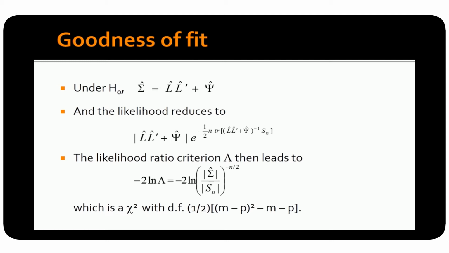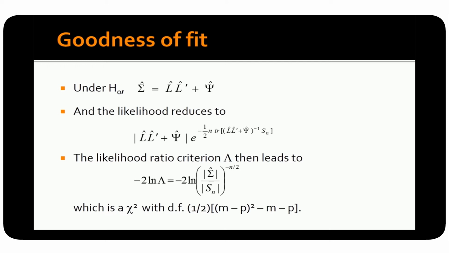And what we find is that minus twice log of the maximum likelihood under H naught by the maximum likelihood is equal to minus 2 log of determinant sigma hat by determinant Sn to the power of minus n by 2, and this would be a chi-square with degrees of freedom given by half of m into m plus 1 minus m into p plus 1 minus half of p into p minus 1, which reduces to half of m minus p squared minus m minus p.